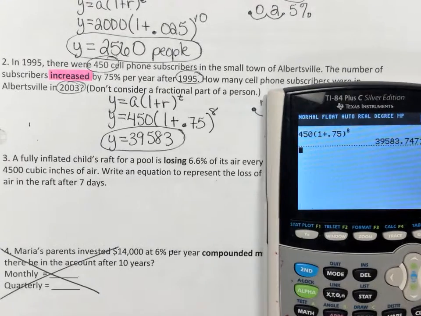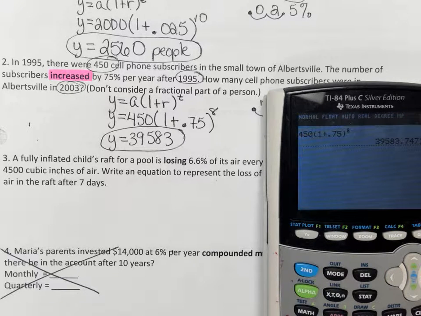Type it in. 450, 1 plus 0.75. That's the number now, because look at where the decimal was. The decimal was behind the 2. This one, the decimal's all the way in the back. So then you're adding the extra numbers.